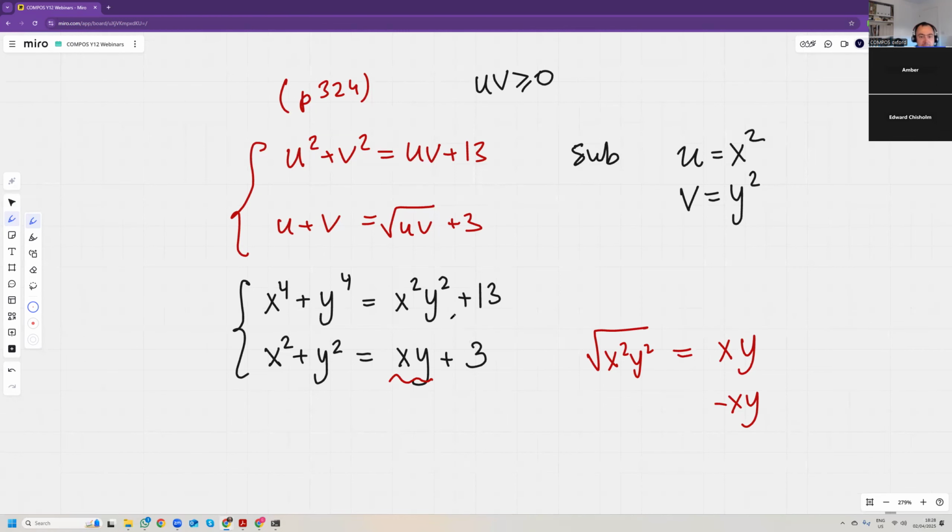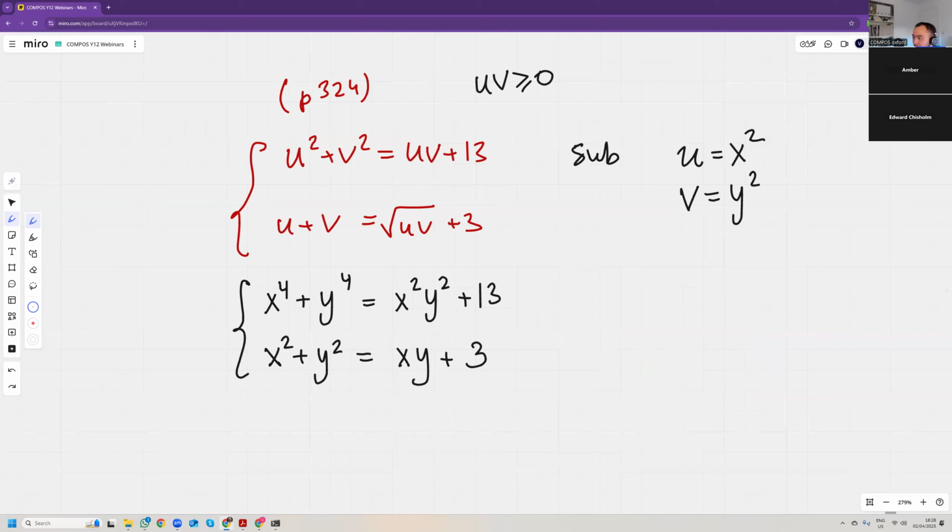We know this because uv has to be positive, so square root of uv is positive. No, sorry, let's get back to that. No worries, not that important at the moment.